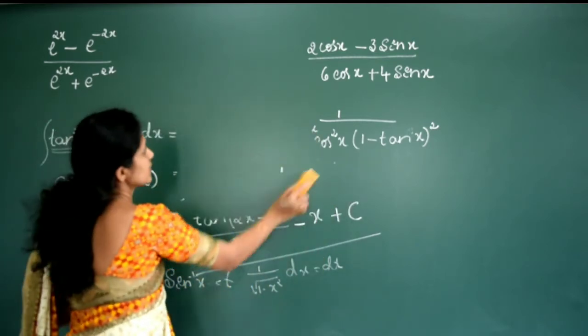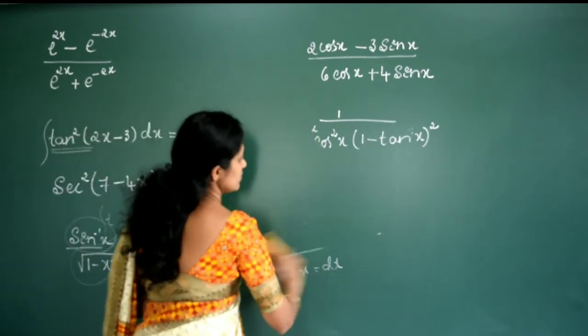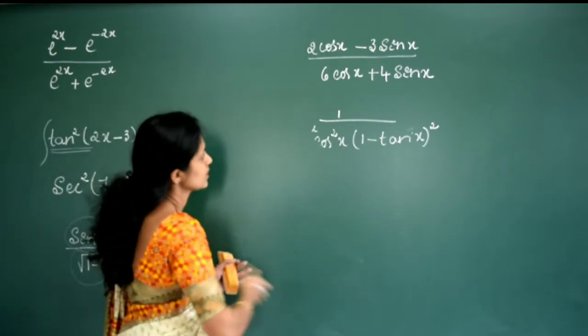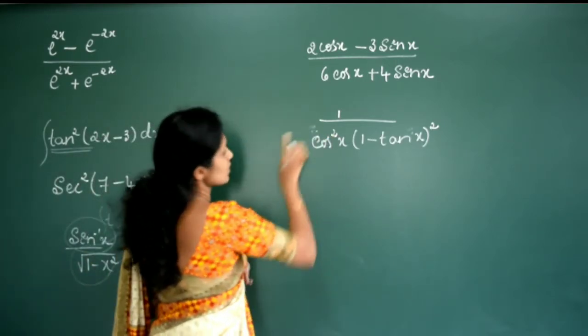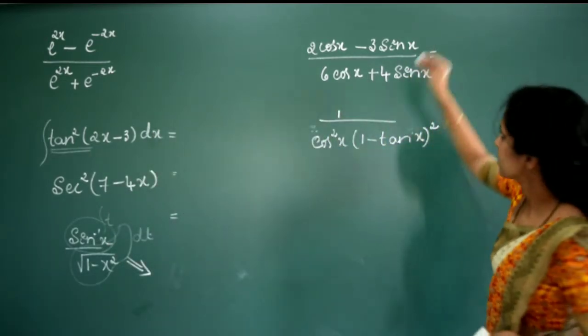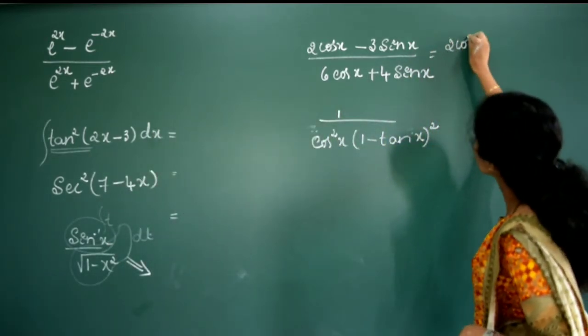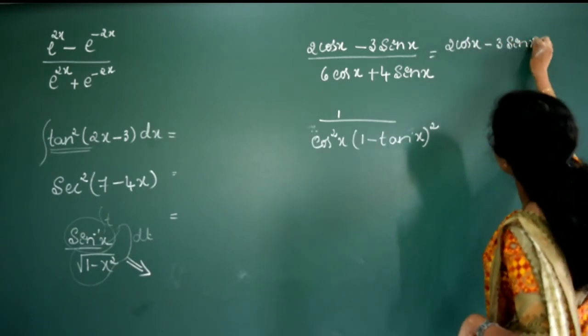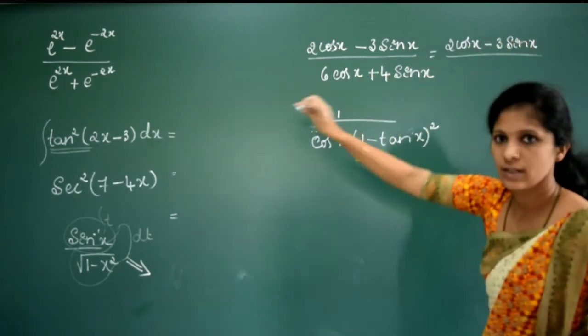Next problem. See the next problem. Which substitution can we give? See here. This can be written as 2 cos x minus 3 sin x divided by 2. Here 2 is common. We'll take it out.